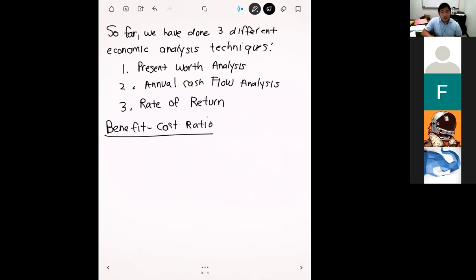First, let's start with benefit cost ratio. I would say this is probably the most useful out of the 3 we're going to cover, but it's also very similar to what we've done.